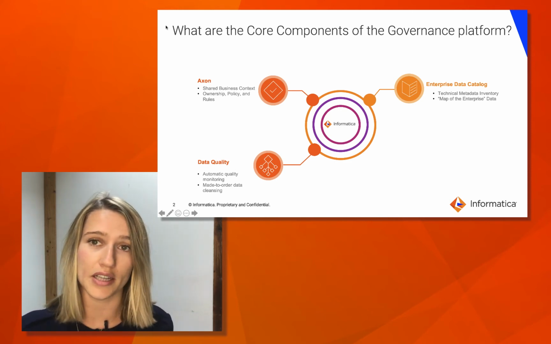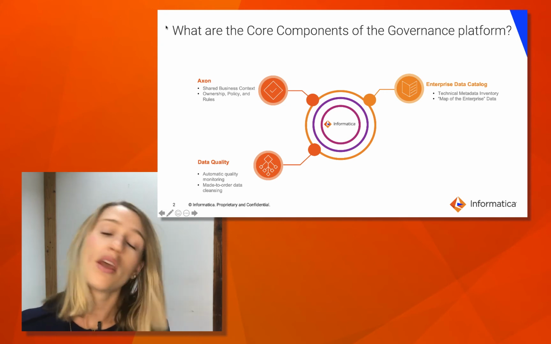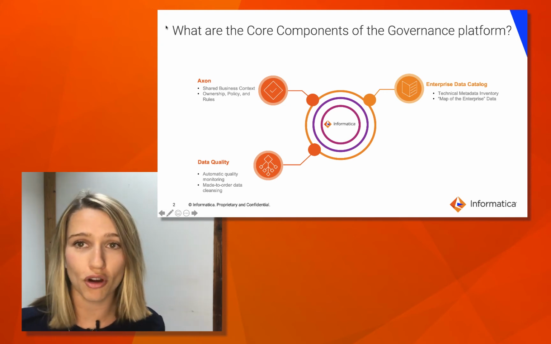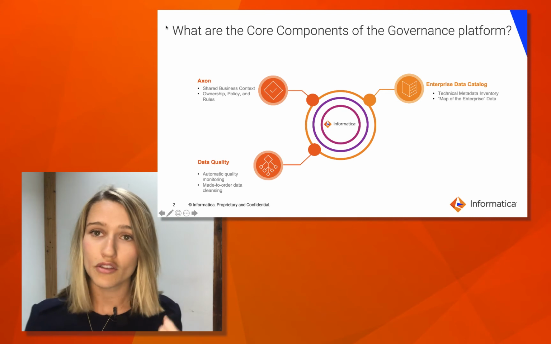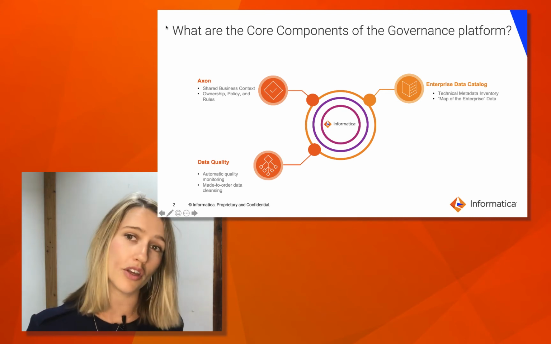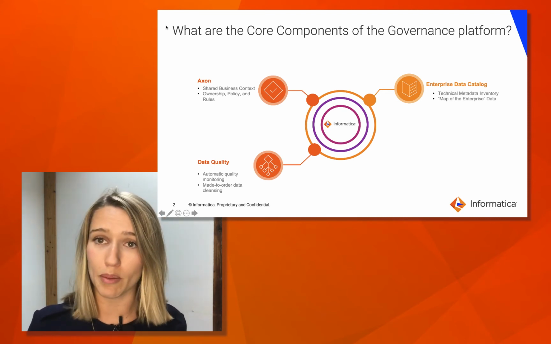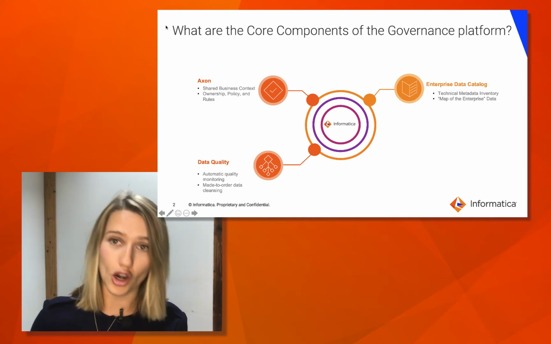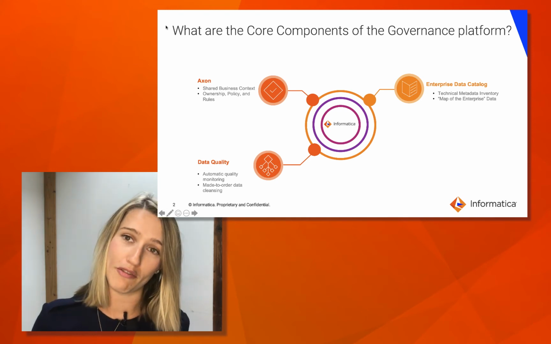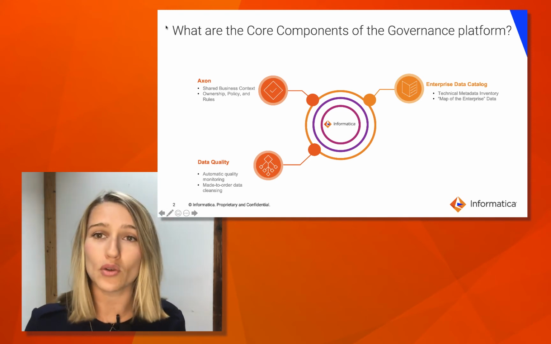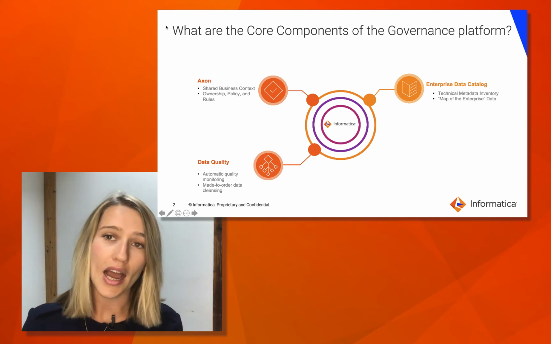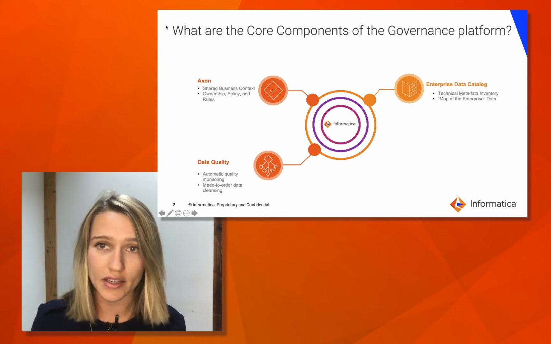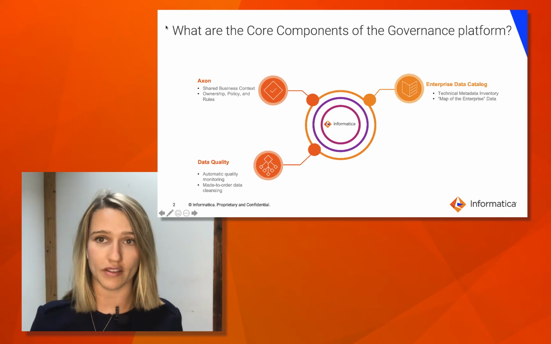These are things that our data quality tool can tell us. And data quality is actually profiling the underlying data. So while Axon and EDC are focusing on the metadata, at least in what they represent, EDC does do looking at the actual data in order to derive metadata, data quality is all about the underlying data, actually profiling it and even cleansing it to make it better for your organization.